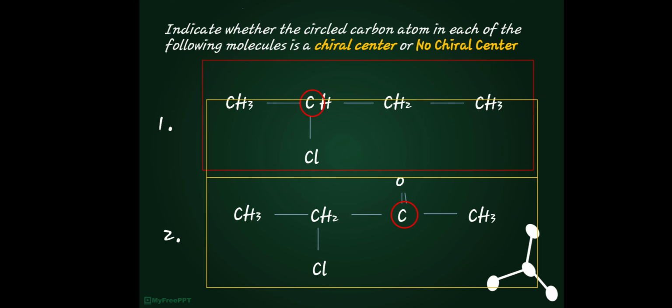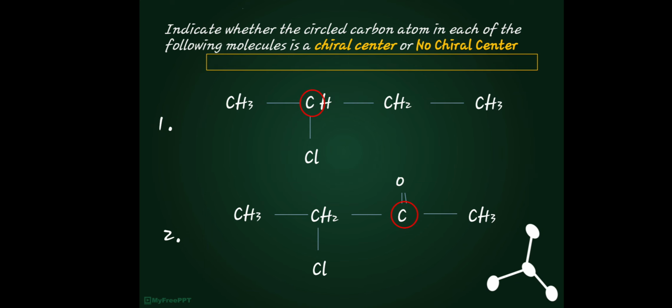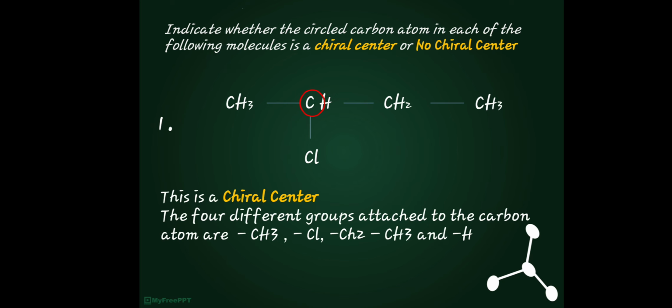So indicate whether the circled carbon atom in each of the following molecules is chiral or no chiral center. So now, let's try to answer this one. From number 1 to 2, let's answer first number 1. Of course, as I've said, the structural formula has a chiral center if it is all single bond. As you can see, the number 1 structural formula is a chiral center.